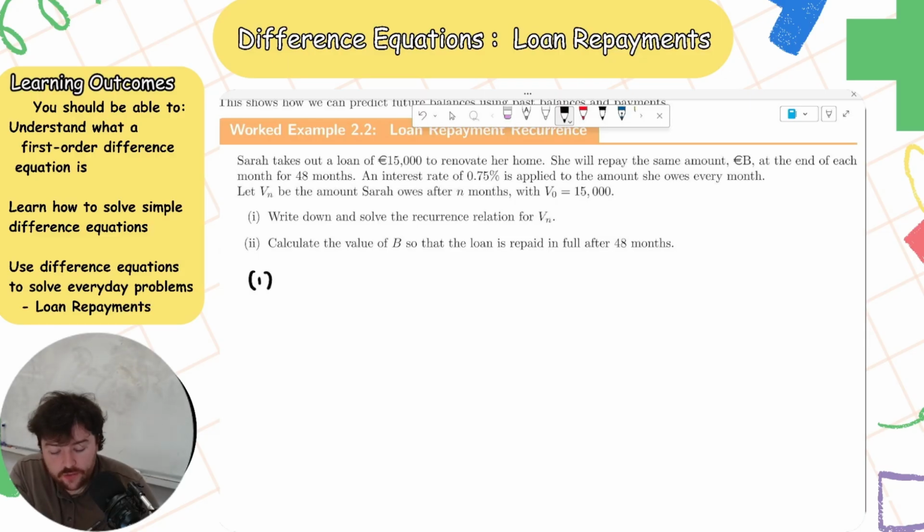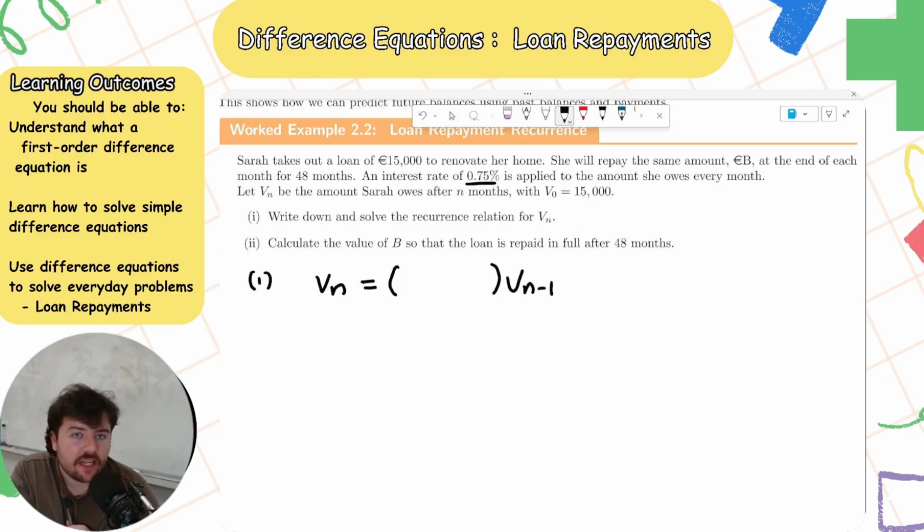We need to first create my first order difference equation. My balance Vn is the amount she has left on her loan. It is her previous month, Vn minus 1, after interest applied.